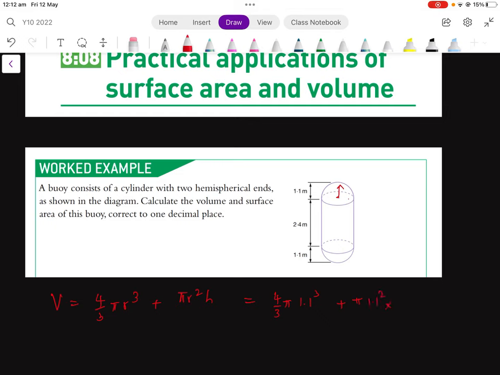What is my h? 2.4. This is my h for the cylinder. If I plug it in the calculator, and they need 1 decimal place, the volume I'm getting to 1 decimal place is 14.7, and everything is in meters cube, 1 dp.